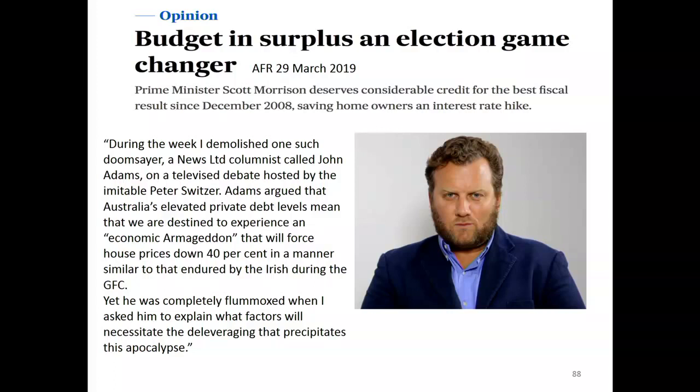And so he says, during the week I demolished one such doomsayer, a newspaper columnist called John Adams. Adams argued that Australia's elevated private debt levels mean we're destined to experience an economic Armageddon that will force house prices down by 40%. And yet, he said he was completely flummoxed when asked to explain what factors will necessitate the deleveraging that precipitates this apocalypse.